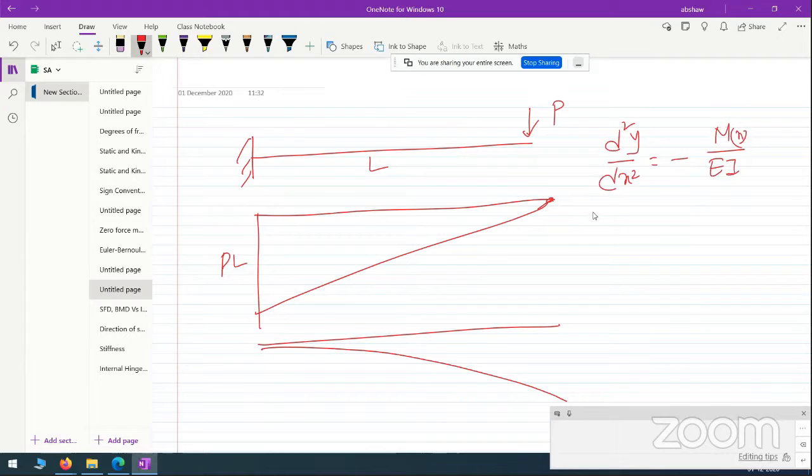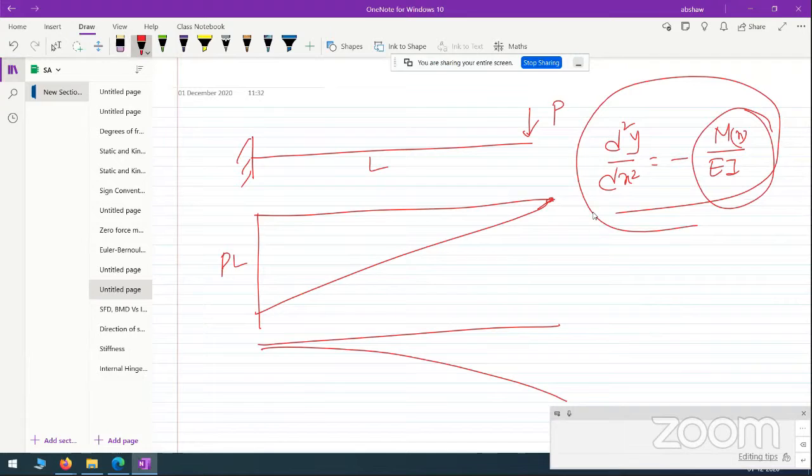So bending moment and displacement you have to relate through this. You cannot just say that your bending moment is maximum, that's why the deflection should be maximum. No, this condition gives you where the deflection will be maximum or minimum. Now you look at that for maximum y, what should be this term? You have to determine.